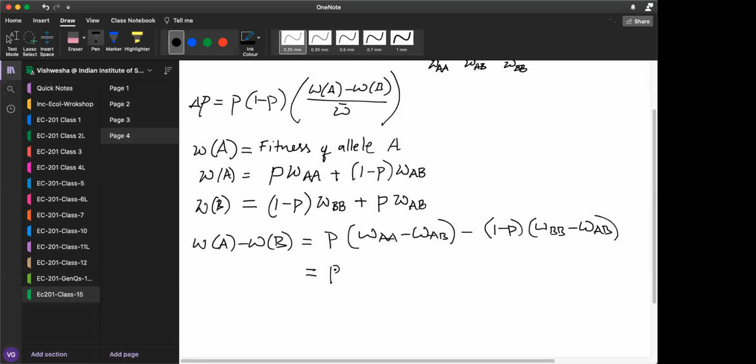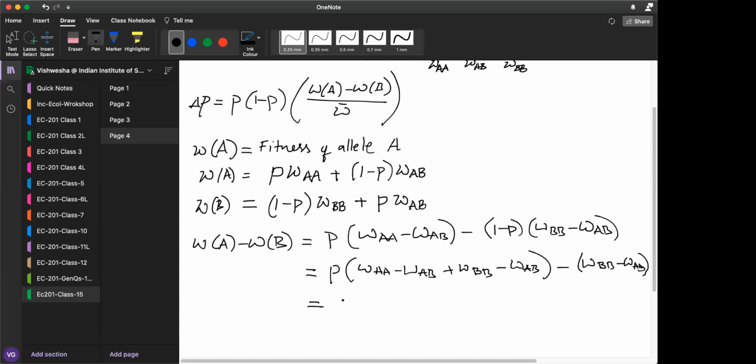Omega AA and omega AB are coming from here, and then there's the plus term here, plus omega BB, and then a minus of omega AB. Is that correct? If I make algebraic mistakes, please let me know. Okay, this is what we have now.